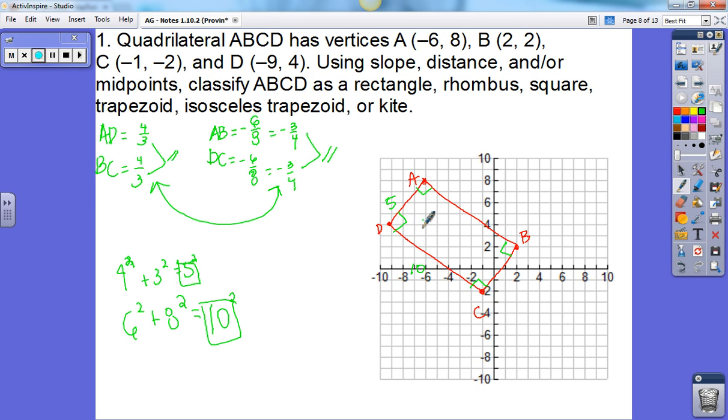So because opposite sides are parallel and consecutive sides are perpendicular, we determine that it's a parallelogram, but we weren't sure if it was a rectangle or a square based on the fact that I have right angles here. But since consecutive sides, or sides right next to each other, are not congruent, then it has to be a rectangle.